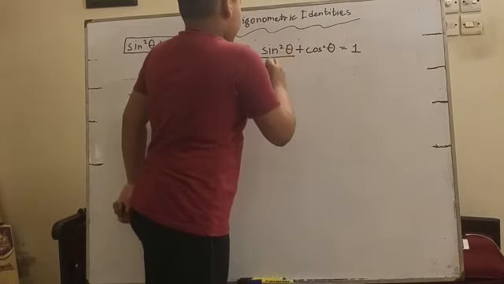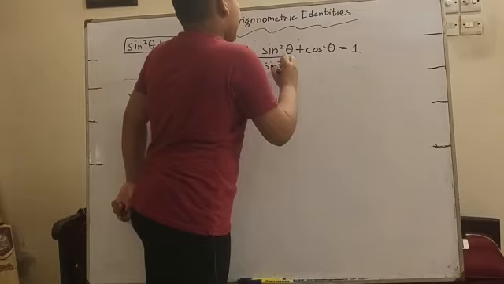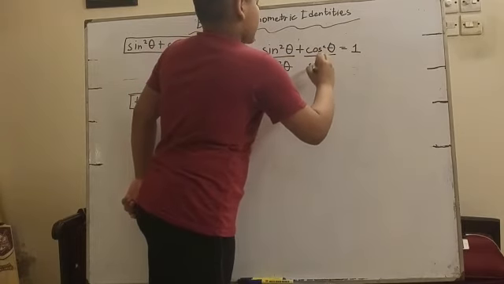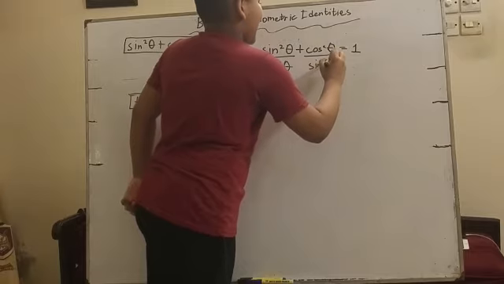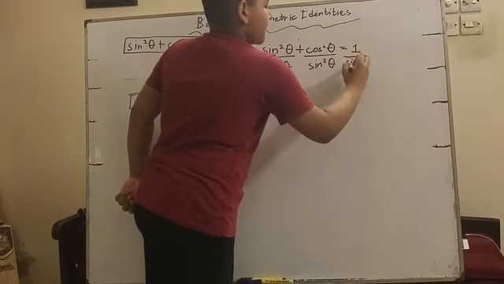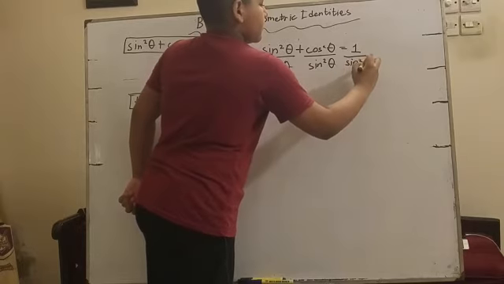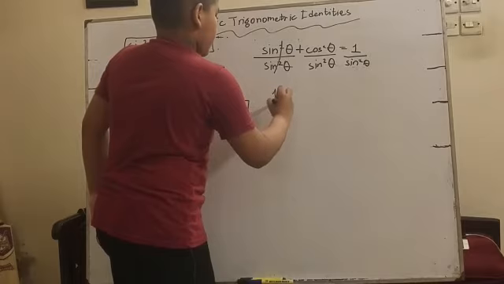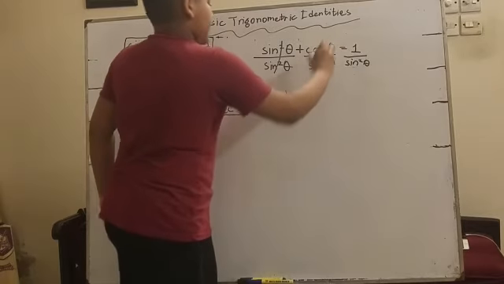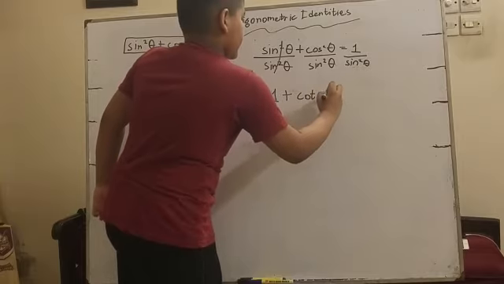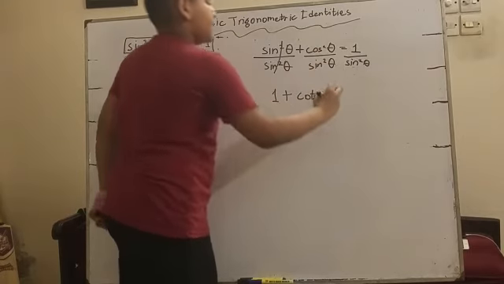Let's go the other way and divide everything by sine squared theta. And everything. Now, these cancel out to be 1, plus these would be cotangent squared theta, reciprocals.